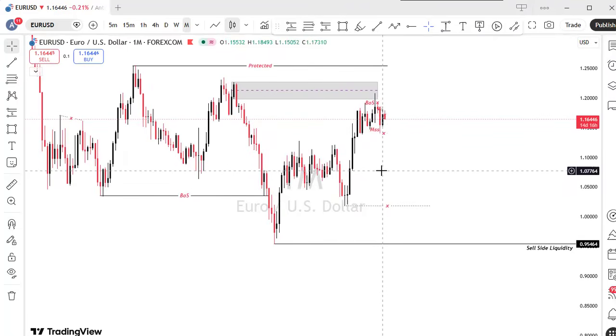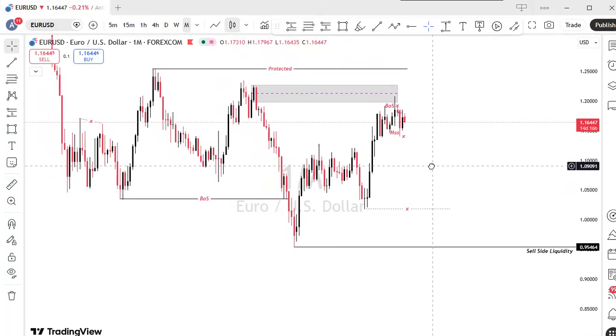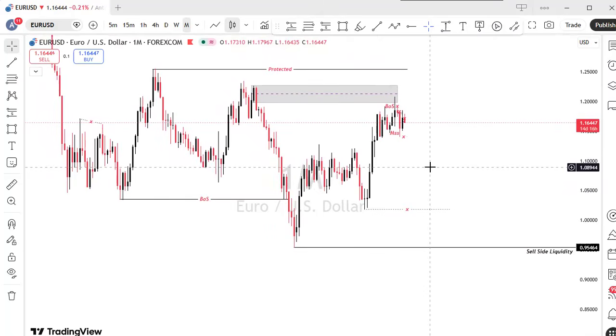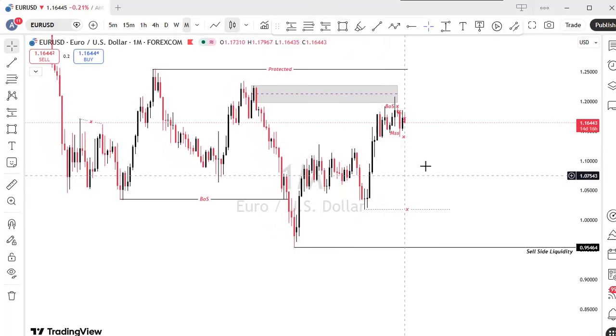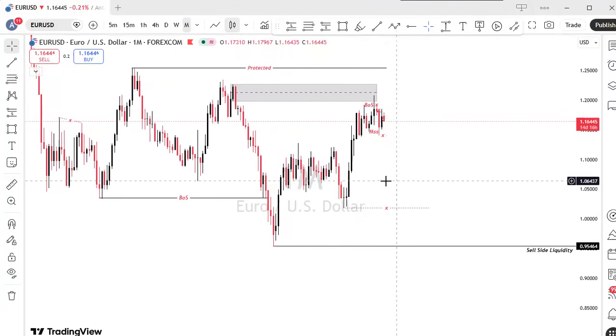Because honestly, I am still strongly convinced that mastering how to read the market structure is a blueprint to attaining profitability. Show me a trader who doesn't know how to analyze the market, who doesn't know how to read the market structure, and I will show you a gambler.